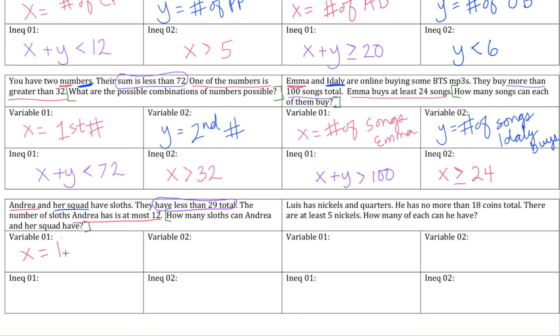X is the number of sloths for Andrea, and blue will be Y, the number of sloths for her squad.